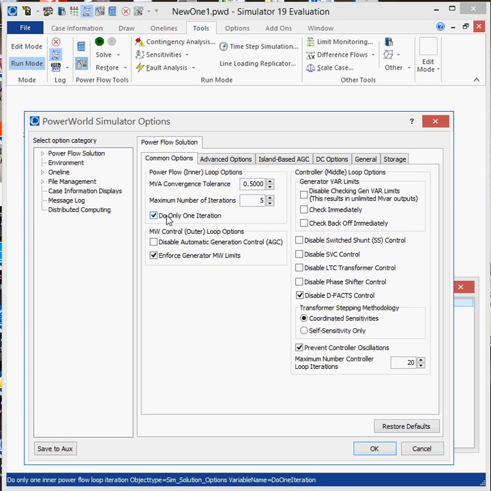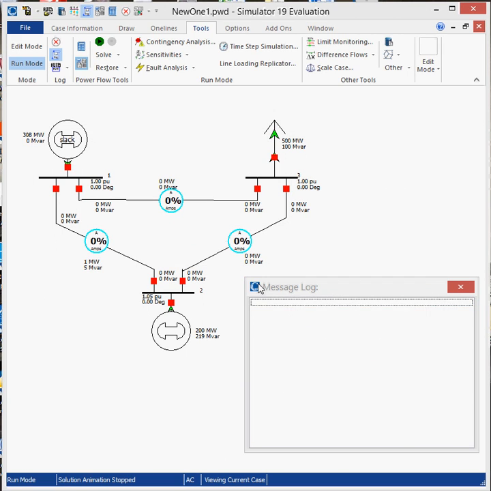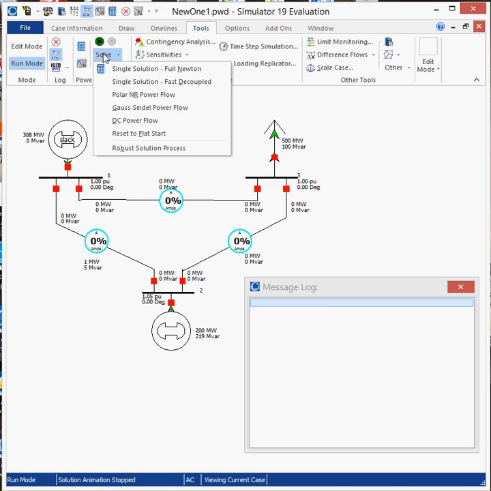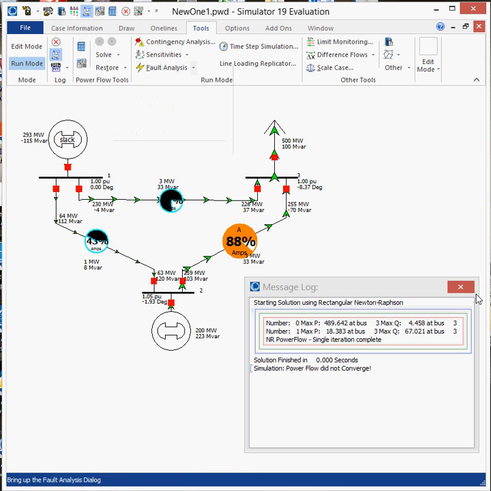So this one allows you to perform one-by-one iteration. Okay. So now you can click solve and apply single solution full Newton-Raphson. Okay.